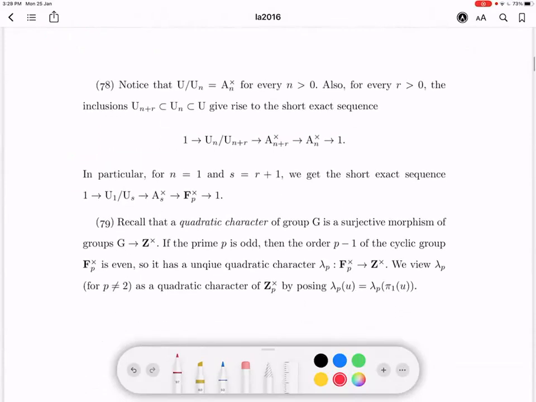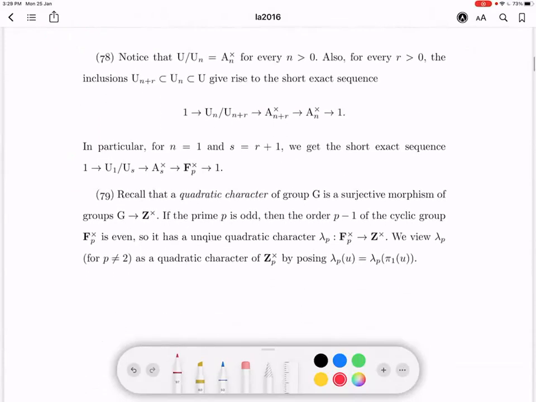You have these groups of higher units, as they are called. Now, U modulo Un is An star. That's more or less by definition, because you have this map from U to An star, the map pi n, and the kernel of this map is, of course, Un by definition.